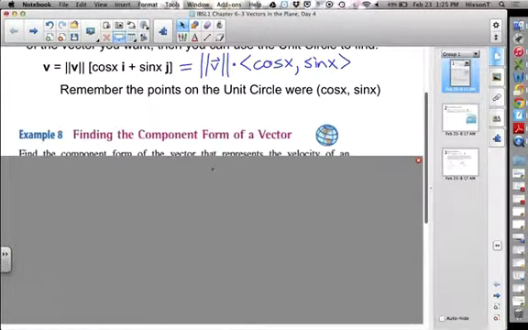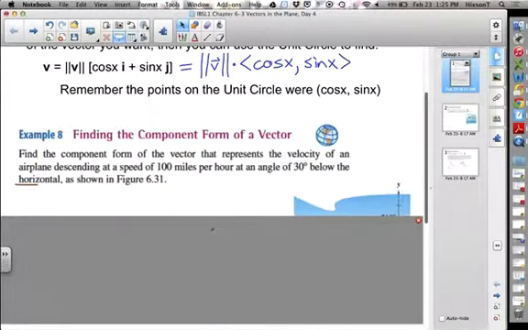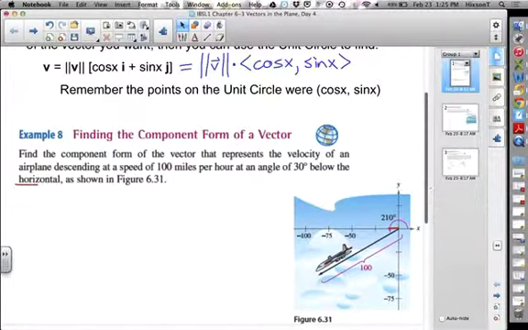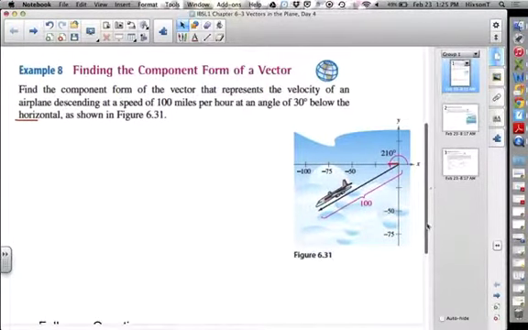So let's take a look at a sample problem here. We're going to find the component form of a vector when we have an airplane. Notice here we're not talking about north, south, east, and west, because here we have this airplane that's flying downward.